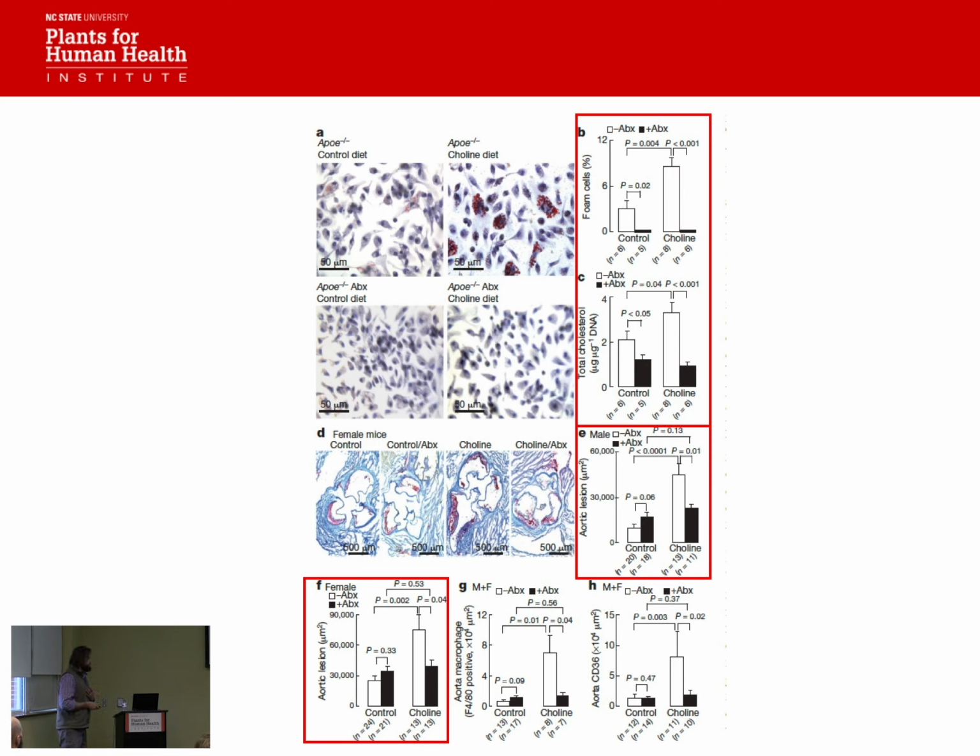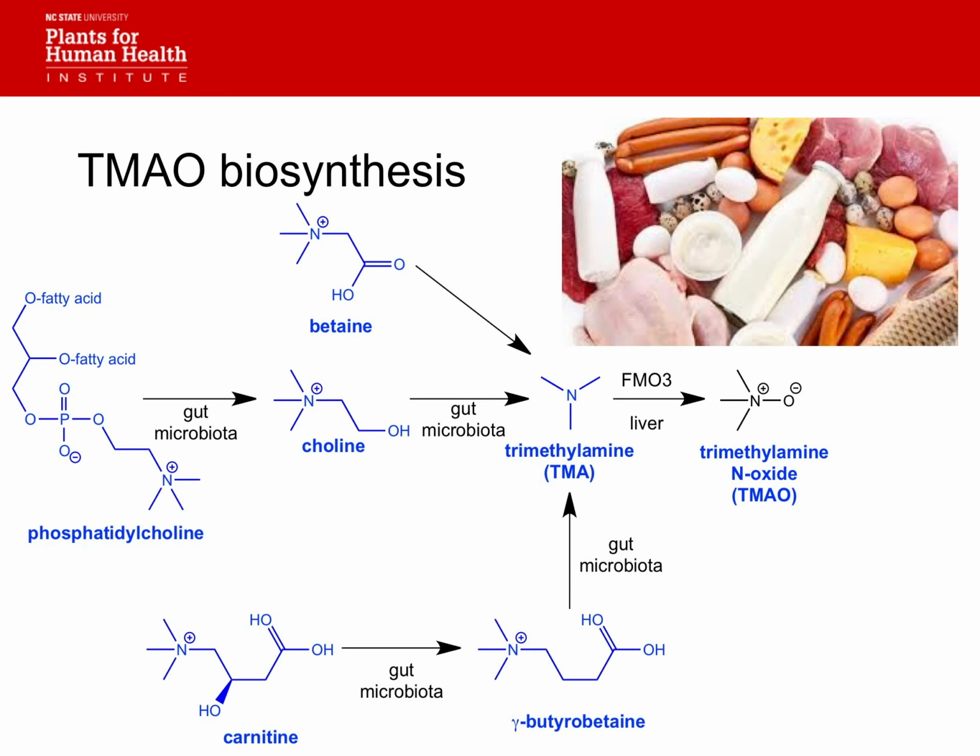So the summary of this is that we've known about this pathway for a while, but we now know that this microbial pathway, whereby substrates like betaine, phosphatidylcholine, choline, and carnitine are metabolized, releases trimethylamine. It's simply a nitrogen with 3 methyl groups attached to it. That's the microbial pathway.